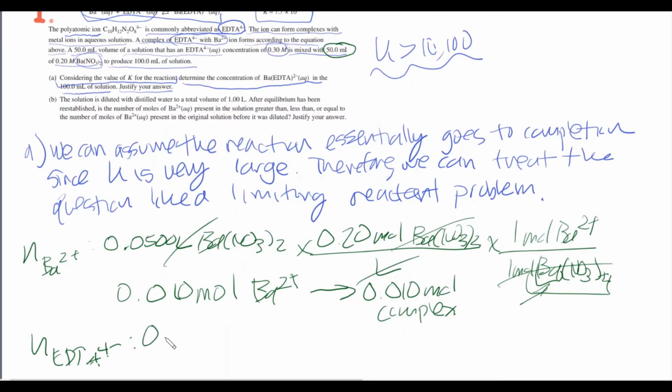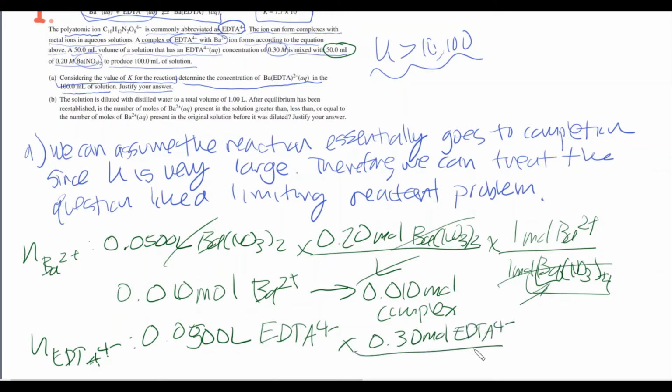We take the volume, which is this, times the molarity, which is, let's see, 0.30 moles of the EDTA4- ion per liter, and we can simply multiply those out to get the moles of EDTA. 0.05 times 0.3 is 0.015 moles of EDTA4-.